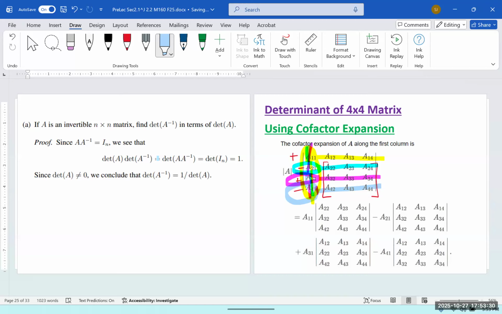This is a longer process, but this is the formal way of finding the determinant of any square matrix. You don't have to go column-wise, you can go row-wise also. You can pick any row or any column and do the same thing. Whatever row or column you are using, you cannot use that row or column, and then you take the remaining 3x3.